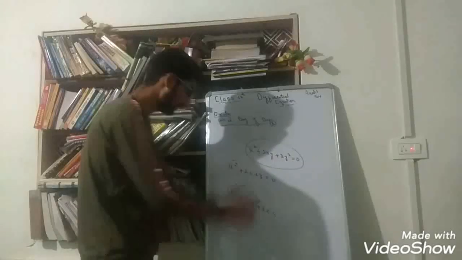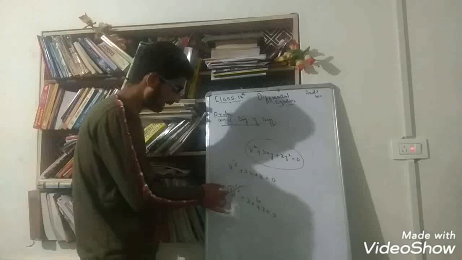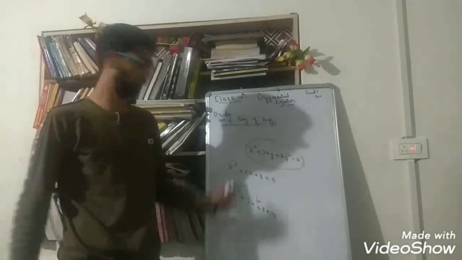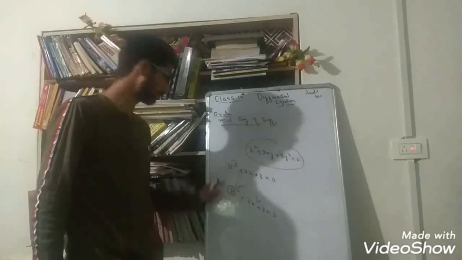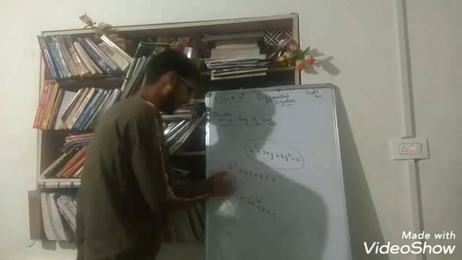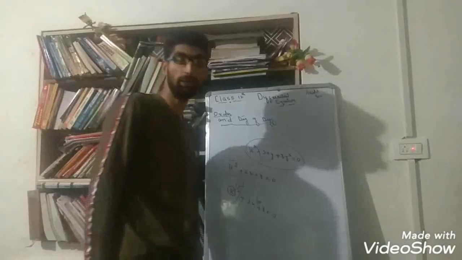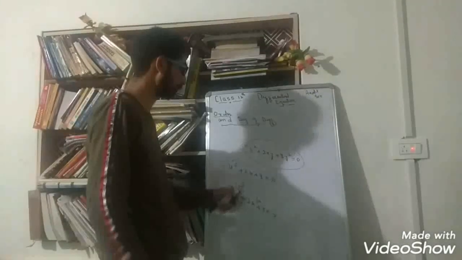But here we have positive rational numbers, 1 divided by 2, so x has a radical as exponent. When the exponent is in terms of root, we cannot determine the degree of this equation.